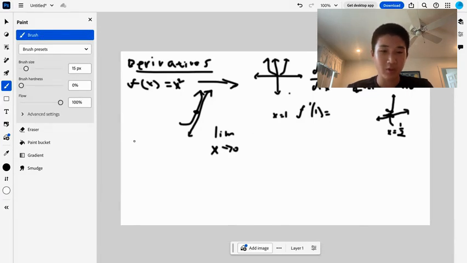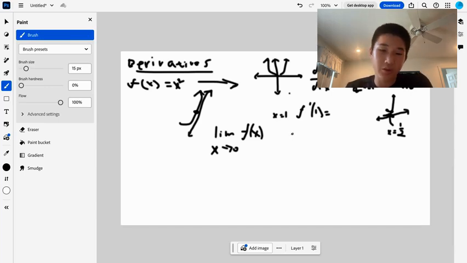This is saying evaluate this function. Let's say there's a function here. Saying evaluate that function as x approaches 0, but it doesn't actually reach 0. So it's as close as can be to x being equal to 0, but it doesn't actually reach 0.